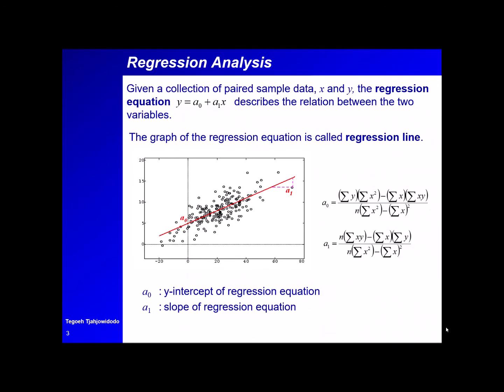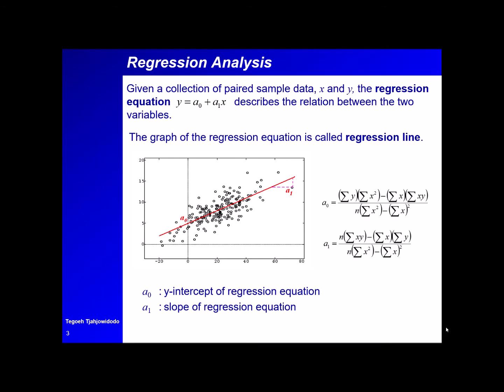Let's start by recalling the discussion on linear regression, which we had in our previous videos. Let's say we have a collection of paired sample data X and Y, and we want to develop a linear equation to best represent the relationship between these two sample data.